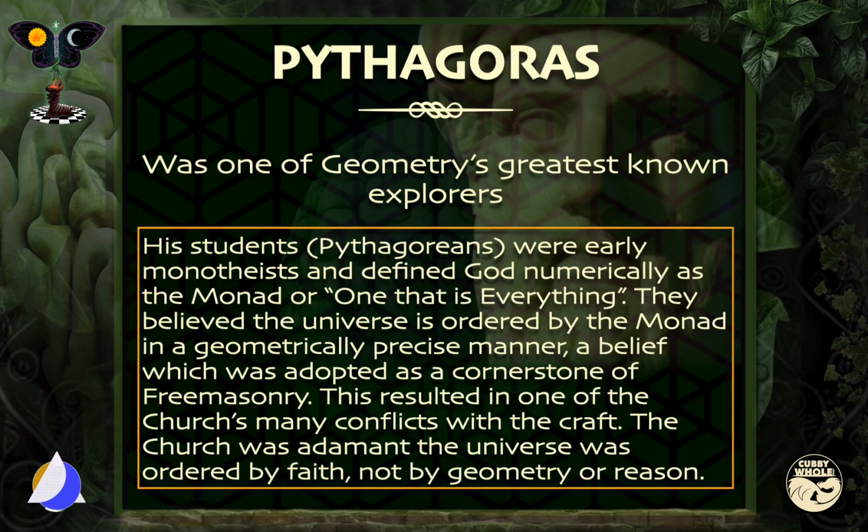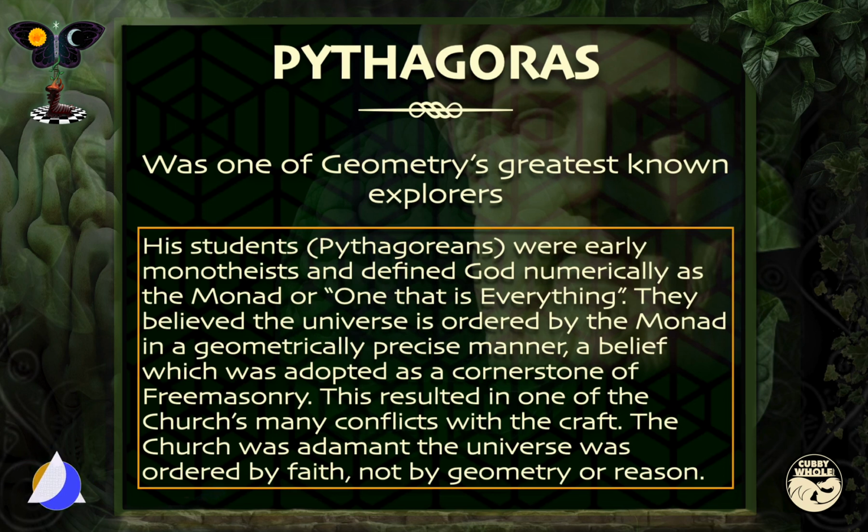So the Pythagoreans, the students of Pythagoras, were early monotheists that defined God numerically as the monad, or the one that is everything. They believed the universe is ordered by the monad in a geometrically precise manner, a belief which was adopted as a cornerstone of Freemasonry. And this cornerstone is something I'm going to talk about as we move forward. It's very, very important. And this resulted in one of the church's many conflicts with the craft.